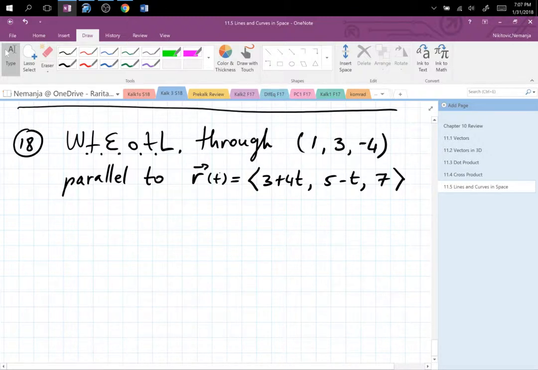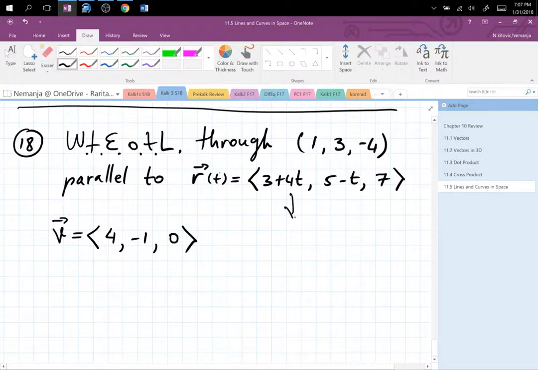All right, that should be good enough for this one. What's vector v? Our direction vector, our slope vector, what is it? It's 4, negative 1, and 0.